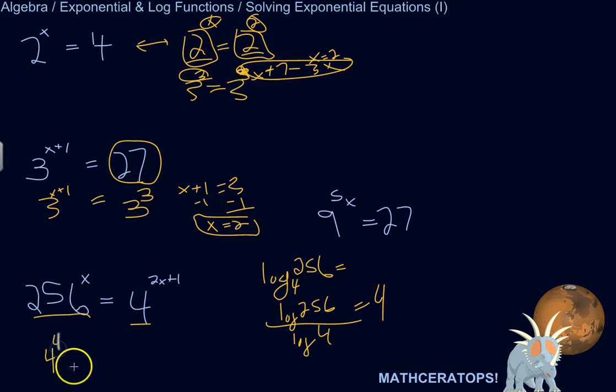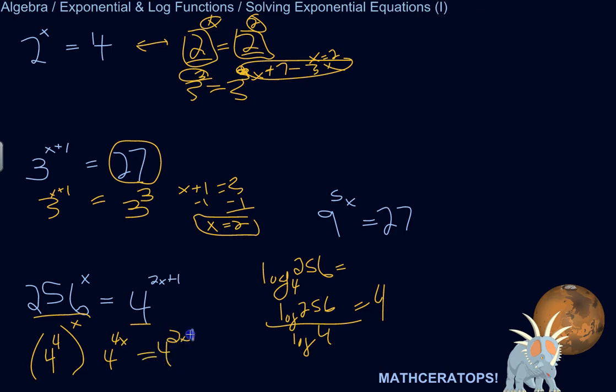Right. Now, don't forget this x. So 4 to the power of 4, all to the power of x, is equal to 4 to the power of 2x plus 1. And remember the properties of exponents: if I raise a power to a power, I multiply the exponents. So this is equivalent to 4 to the power of 4x, just multiplying those exponents. So 4 to the power of 4x is equal to 4 to the power of 2x plus 1.